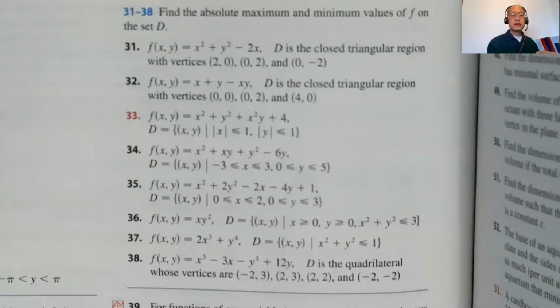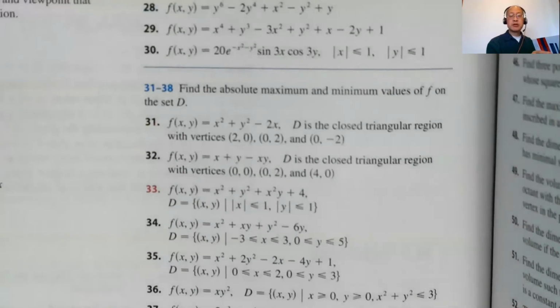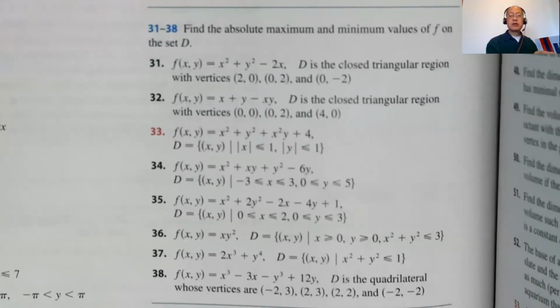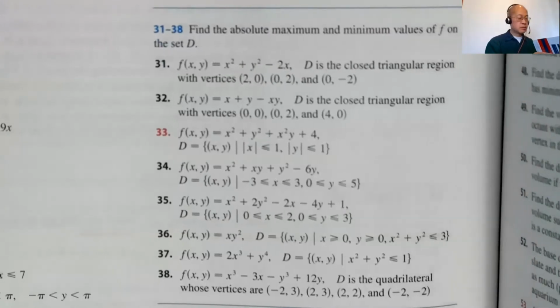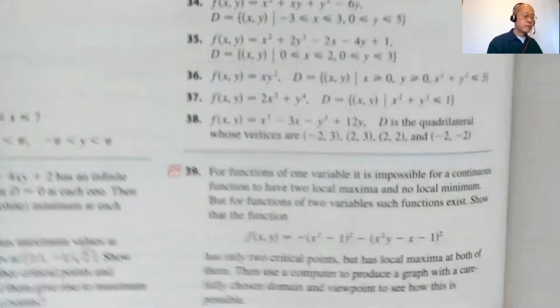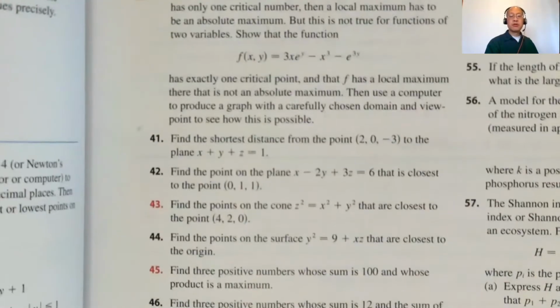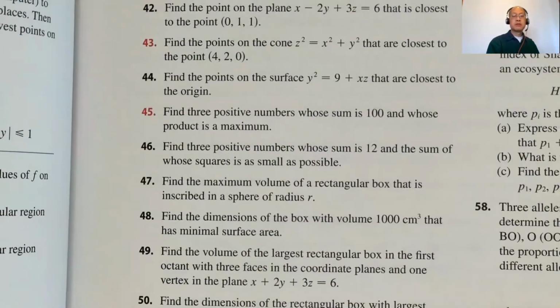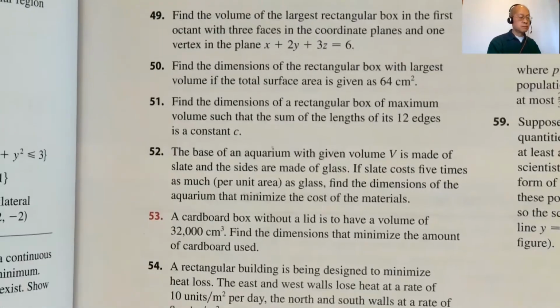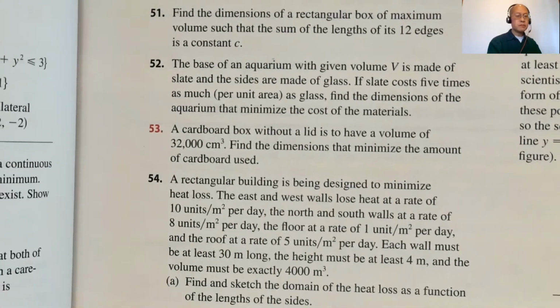Obviously, if you already have the text, you can just use the text. Yeah, problems 31 to 37. Those are the ones where you have to find the absolute max and min on a closed set. So those are going to be a little bit longer. Okay, and looks like a few word problems that we have to deal with over here. All right, so there we go.